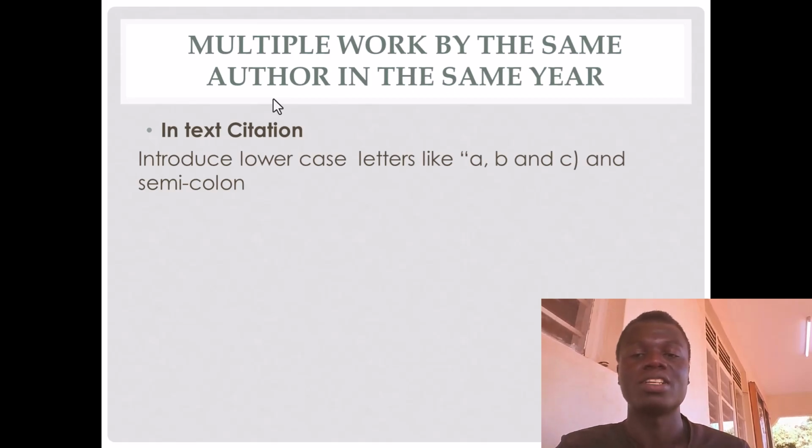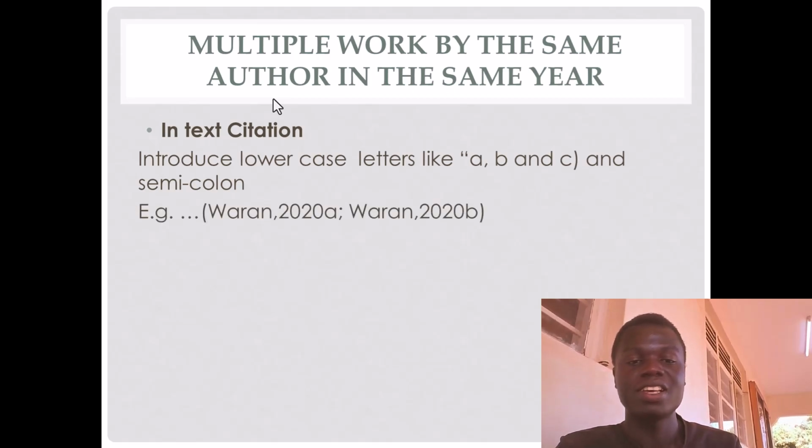So in this case, we can see this around 2020, and this is a. So this is the first article that this author published in the year 2020. And again, he published a second article in the same year, 2020. But now, the difference here is that we included a for the first article, and here we included lowercase b for the second article.